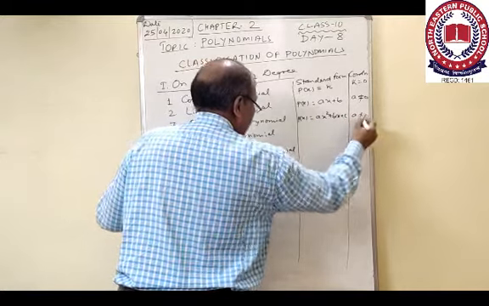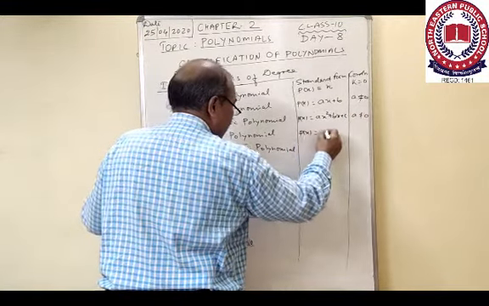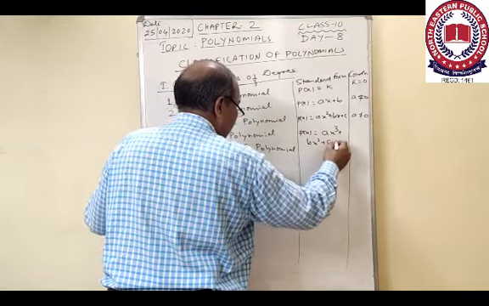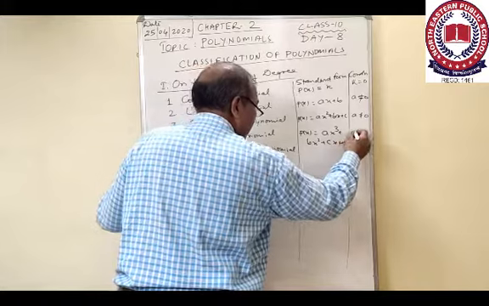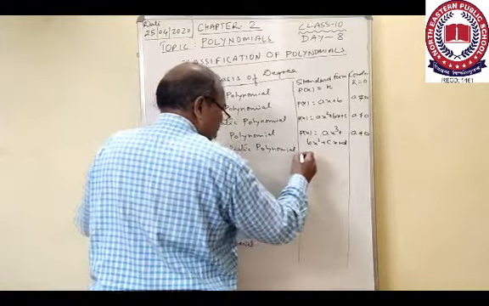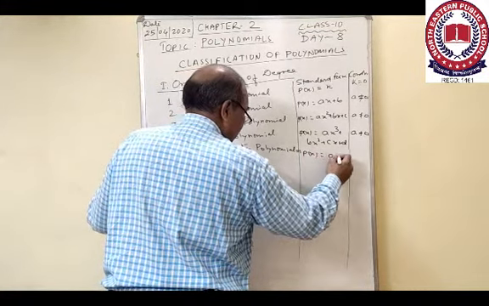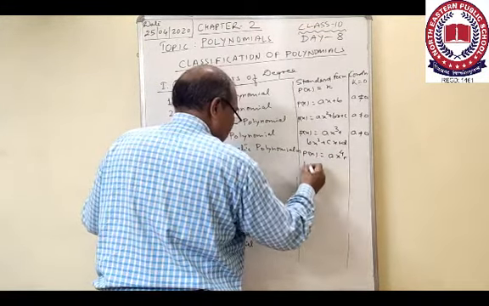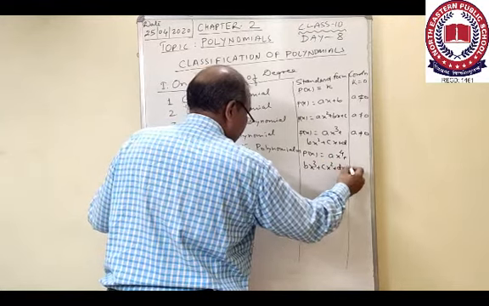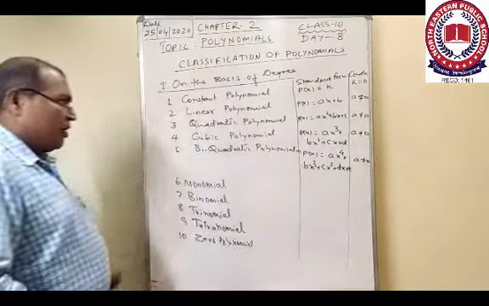Here also a is not equal to 0. Cubic polynomial, p of x is equal to ax cube plus bx square plus cx plus d. Here also a is not equal to 0. Biquadratic polynomial, p of x is equal to ax power 4 plus bx cube plus cx square plus dx plus e. Here also a is not equal to 0.